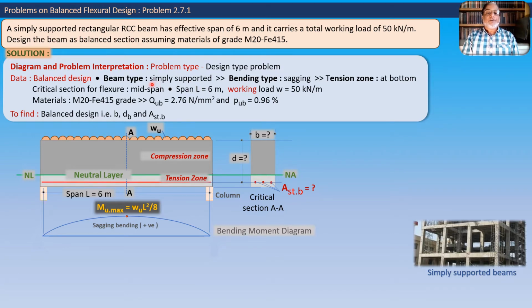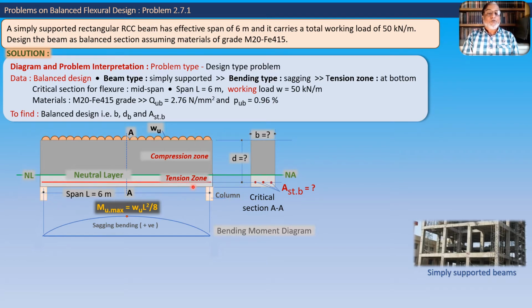Whenever we get this information that it's a simply supported beam, it further gives us two more bits of information. One, for a simply supported beam, the type of bending will be sagging. Now due to sagging bending, we will have the tension zone at the bottom. So here in this diagram we can see a simply supported beam carrying UDL, uniformly distributed load, simply supported on two columns.